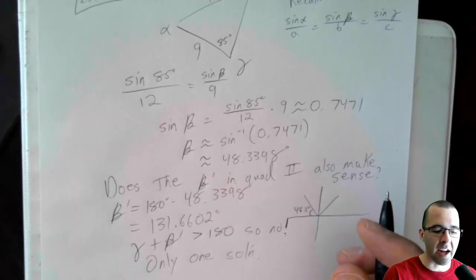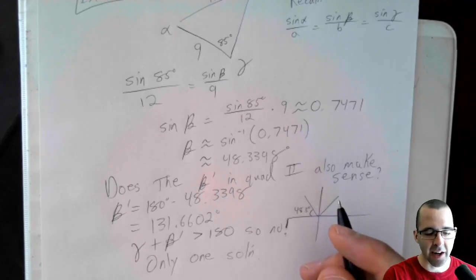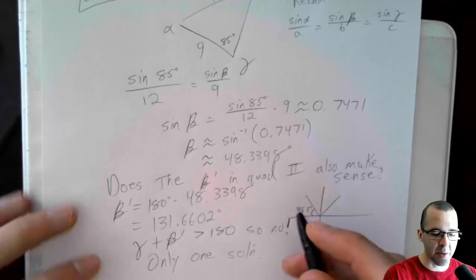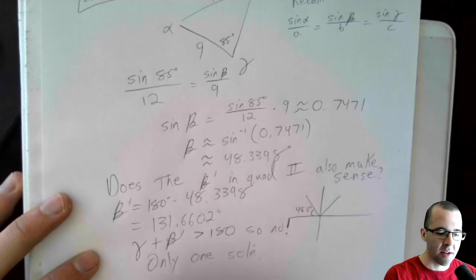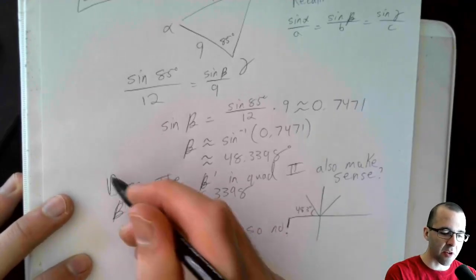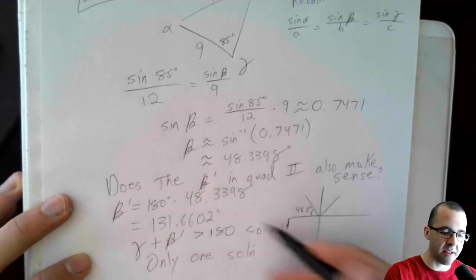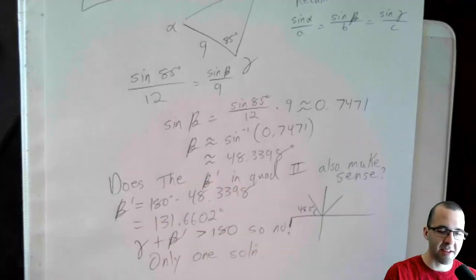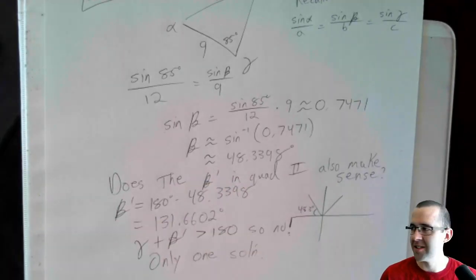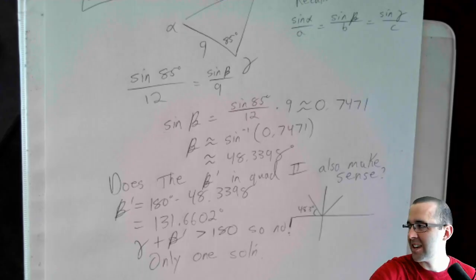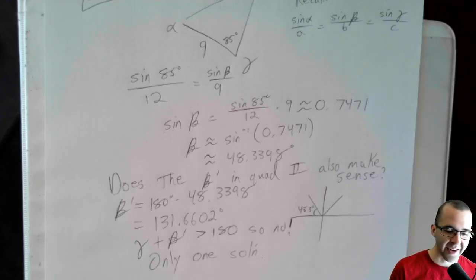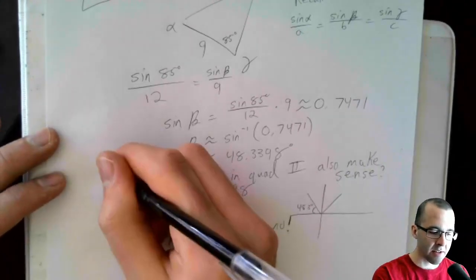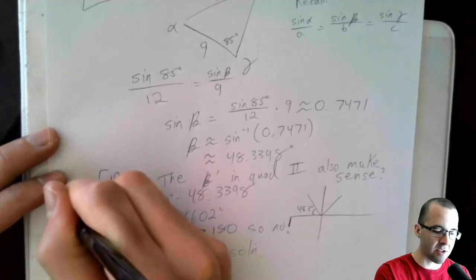So this is a good case for the side-side-angle triangle when there's only one solution. We could essentially cross all this stuff out if we want. I'm not going to cross it out because I'm going to post these notes to Discord afterwards. It'd be kind of silly if I crossed out my notes. But essentially, the answer to all of this is just no.